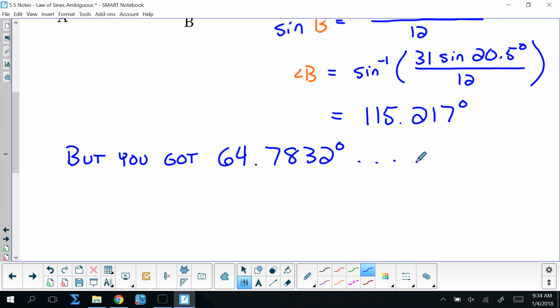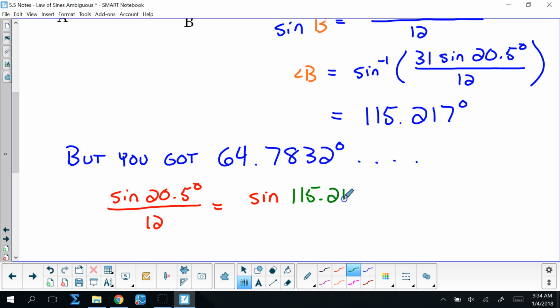Okay? So let's go back to the law of sines. The sine of 20.5 degrees divided by 12 equals the sine of 115.217 degrees divided by 31. Check that fraction to make sure that's a true proportion.